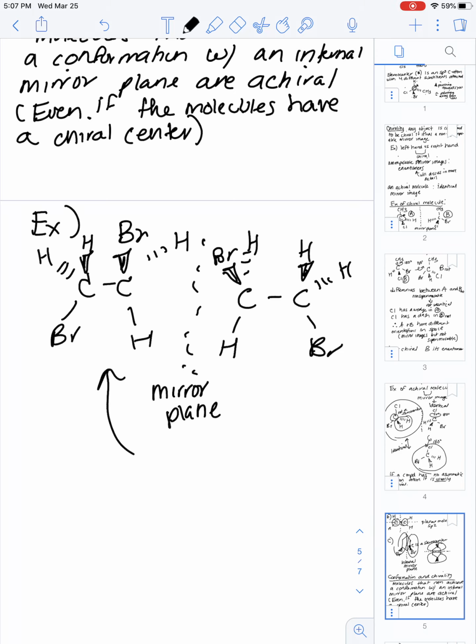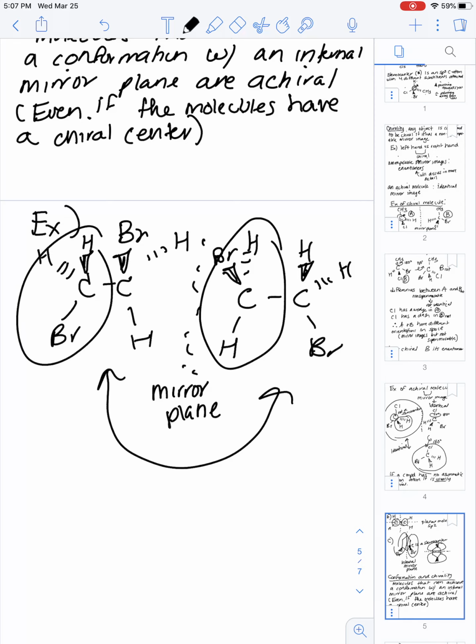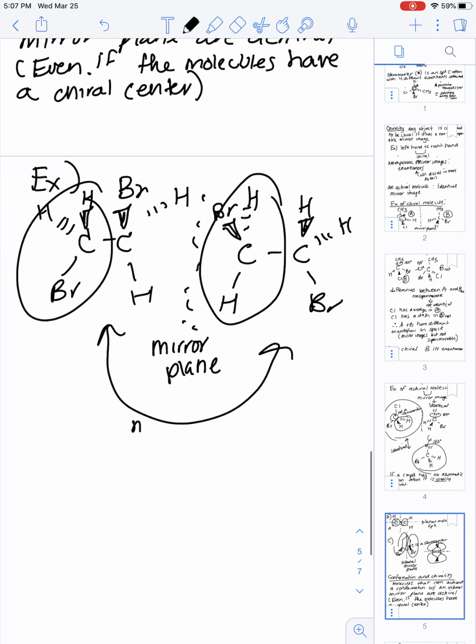When we look at both of these, we can see that their orientation in space is not going to be exactly the same. So these are actually going to be non-superimposable mirror images. So these would be considered chiral conformations.